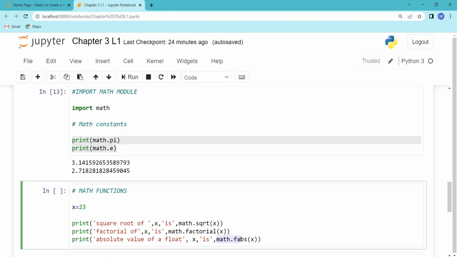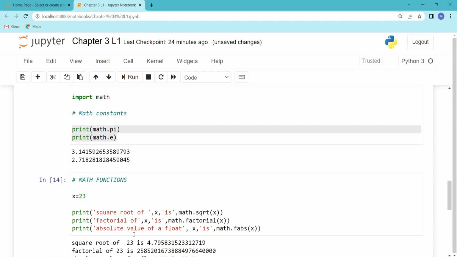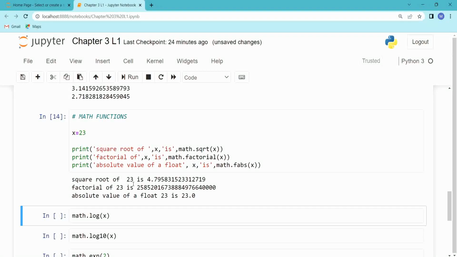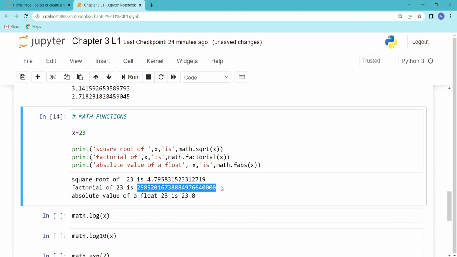Math is a library, dot fabs. It will return the floating absolute equivalent of x. Okay, so let us look at these results. You can see the square root of 23 is 4.7958. The factorial of 23 is a huge number, you can see. And the absolute value of float 23 is 23.0.